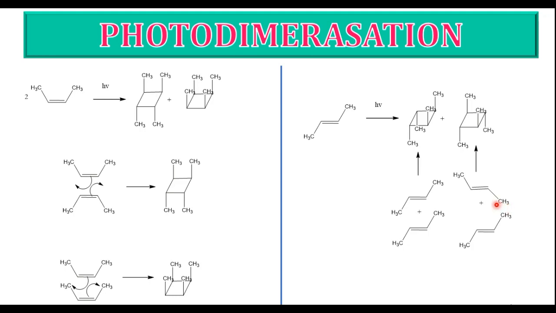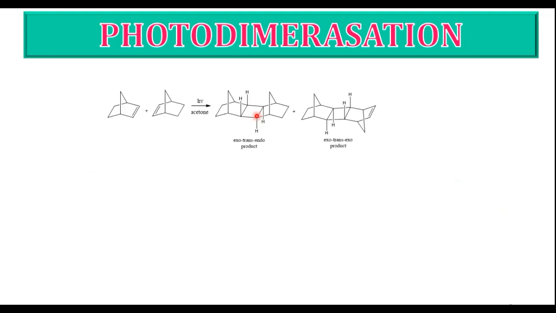Next one, norbornene. Norbornene undergoes dimerization. We get two products, exo-trans-endo and also exo-trans-exo product. What is this? You can observe that this is directly undergoing cycloaddition. When it is undergoing cycloaddition, the two hydrogens are coming to the top side.